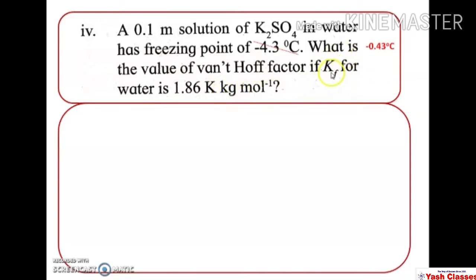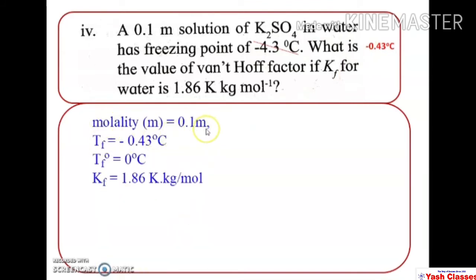This cryoscopic constant for water is fixed, it is a constant 1.86. Here one correction is there in the textbook, there is a printing mistake: minus 4.3 degrees centigrade is printed there, but it should be minus 0.43 degrees centigrade.